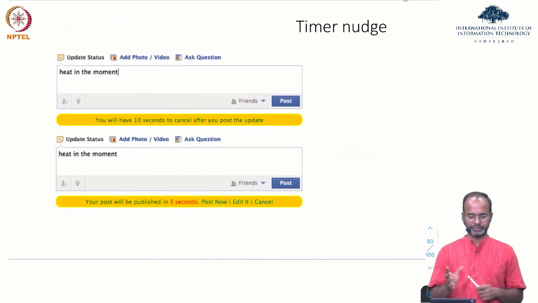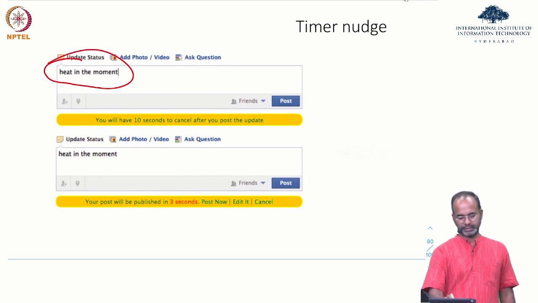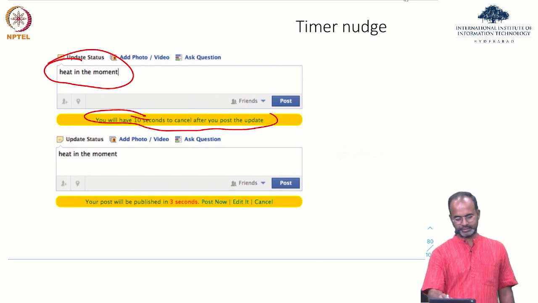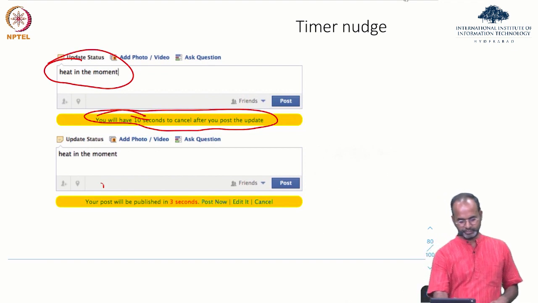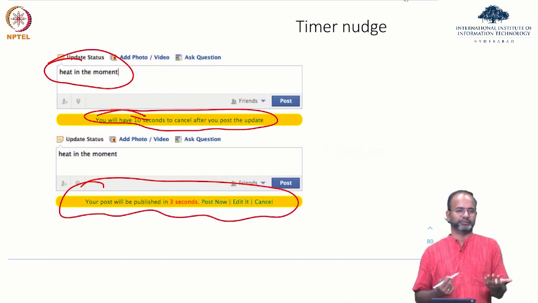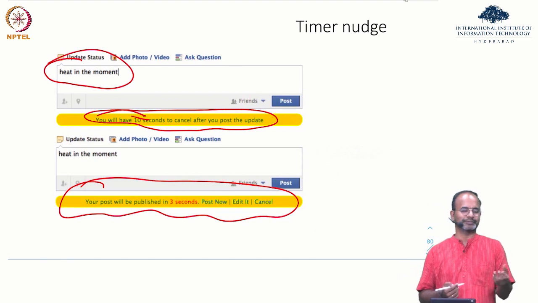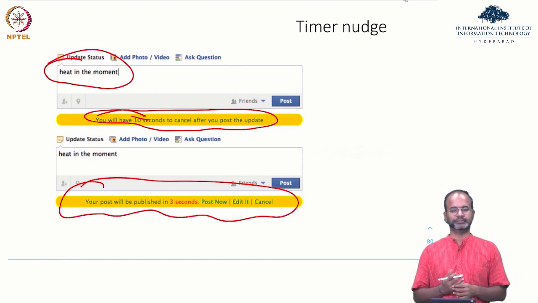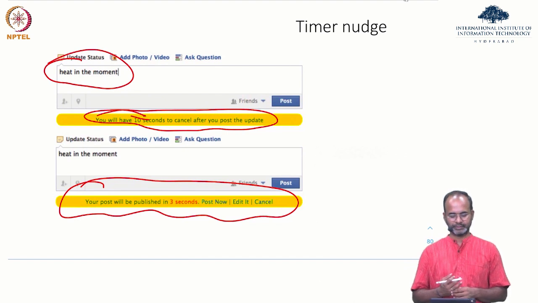Next is the timer nudge, where, when you're trying to do the same post, it tells you that you will have 10 seconds to cancel after the post was done, and your post will be published in so many seconds. Many mail services today have this feature: when you send an email, you get a few seconds, like 10 seconds, where you can go and undo the send.